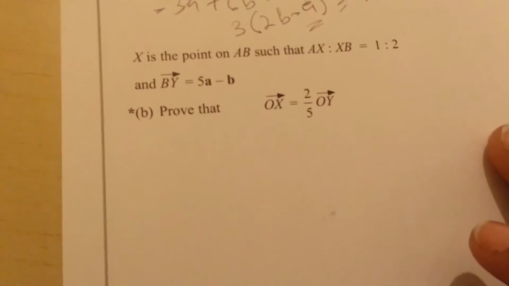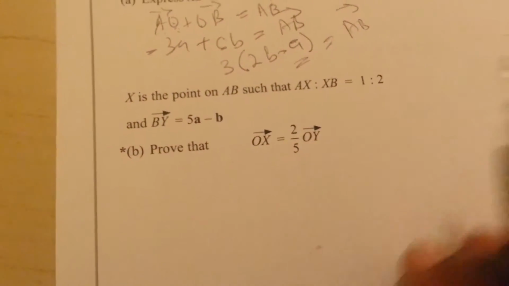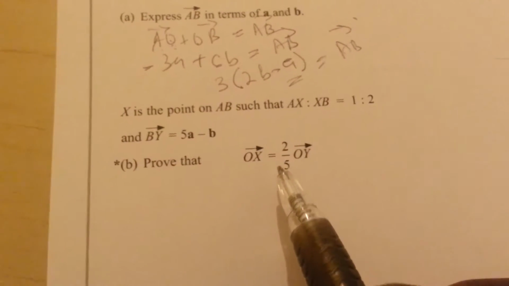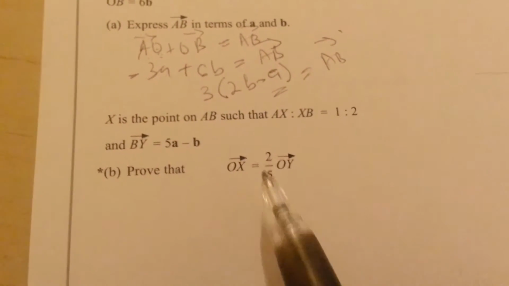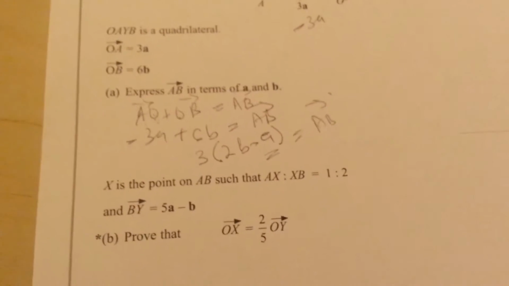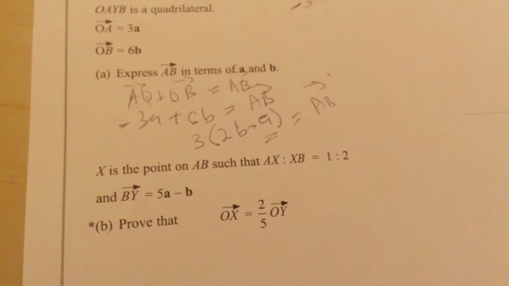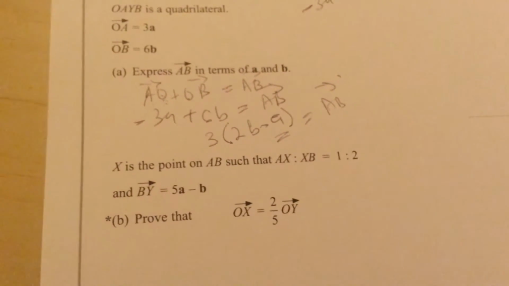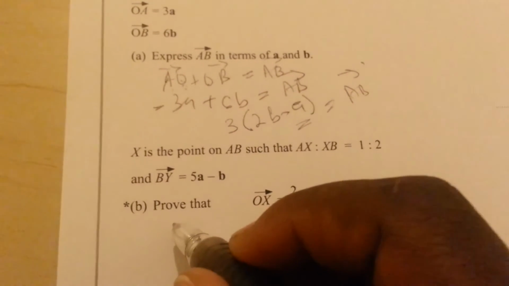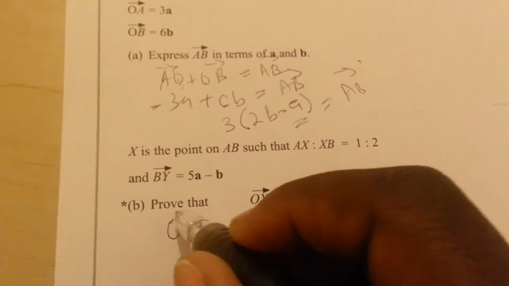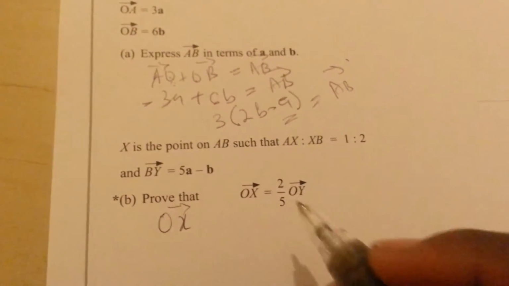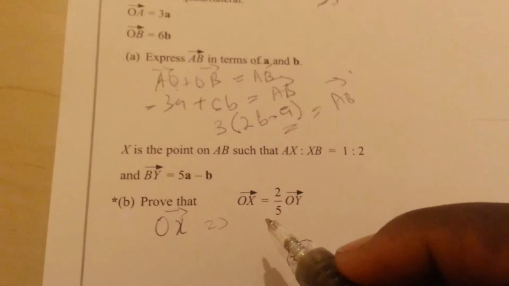Now, first of all, oh no, we're given that BY is 5A minus B. We're asked to prove that OX is 2/5 OY. Okay? Now, using this same thing I did the first time, OX is going to be, we have OA, we have OB, we don't have OC, just OA and OB.